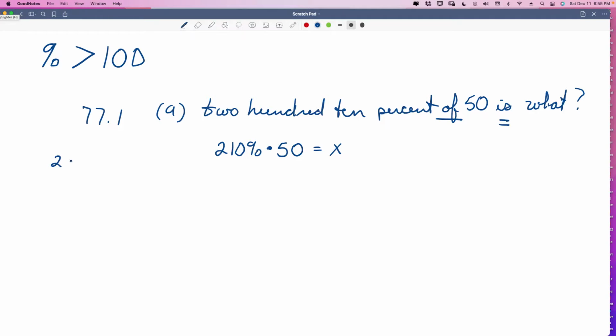So we know that we can turn it into a decimal by saying 210 over 100. Dividing that would equal 2.1. 2.10, 2.1, same thing.